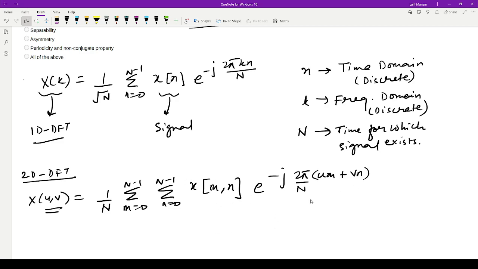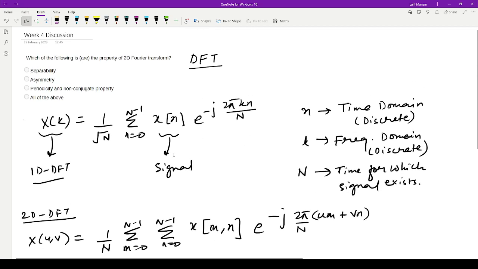Does everyone agree with this? I hope the variables are clear. m and n are the time domain or space domain variables. u and v are the frequency domain variables. Is this fine? Yes. Okay.